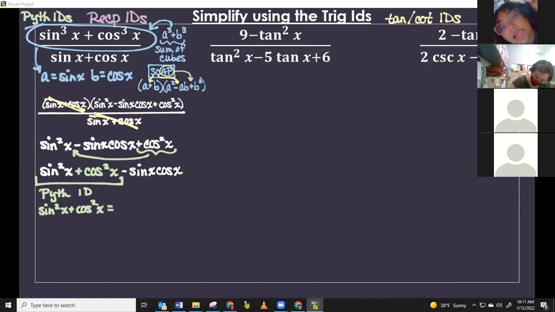One. Equals 1. So I can take this right here and put it in the place of this whole thing. So I'm going to have 1 minus sine x cos x. Now we are fully simplified.